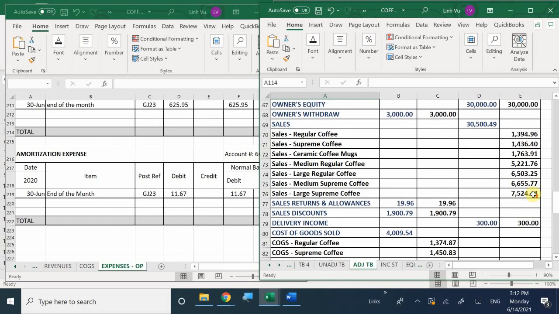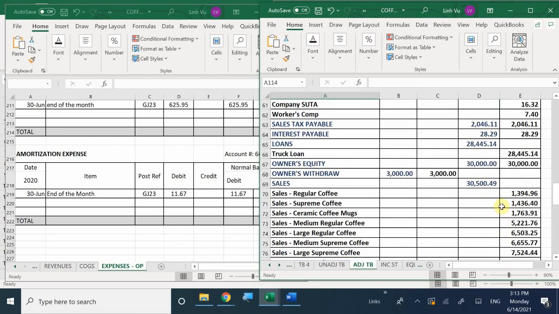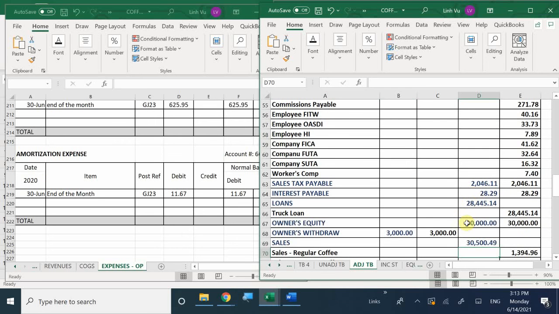So, let's see. Our very first number is the $300 for the delivery income. Sales we know shouldn't have changed, so you should have a total of 30,549. Got it. Then we have equity at 30,000. Your loans should be 28,445.14.